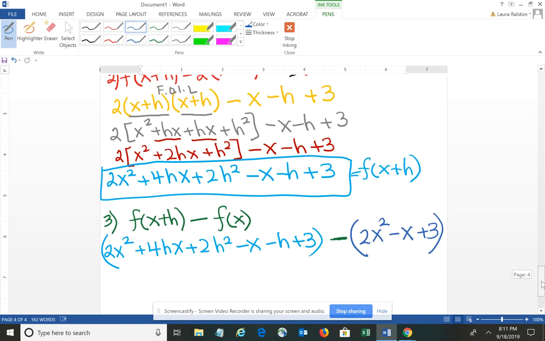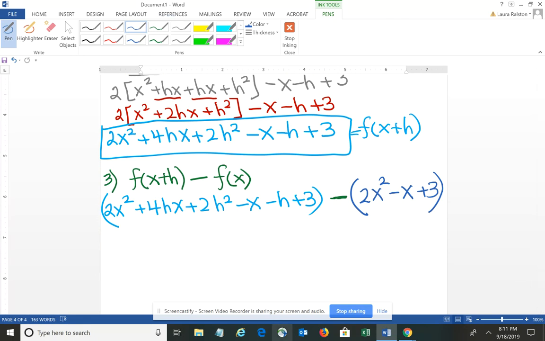Okay, again, be careful. Make sure you distribute the negative sign there. Remember, there's that understood 1.